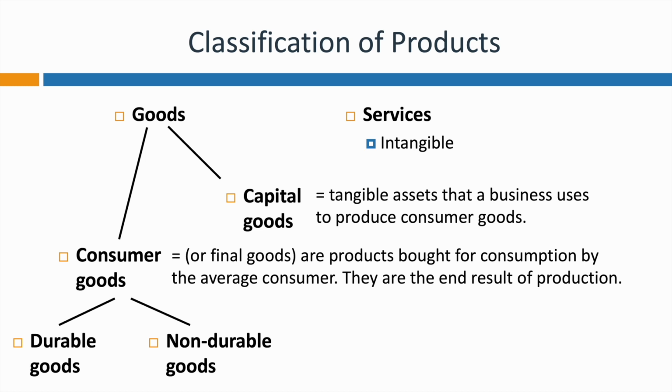Some examples here, again, we can use, let's say, a washing machine. Washing machine would be a durable good. Computer could be a durable good. A car. Non-durable goods, typical examples would be food, hygienic products, fast products that you tend to consume faster.